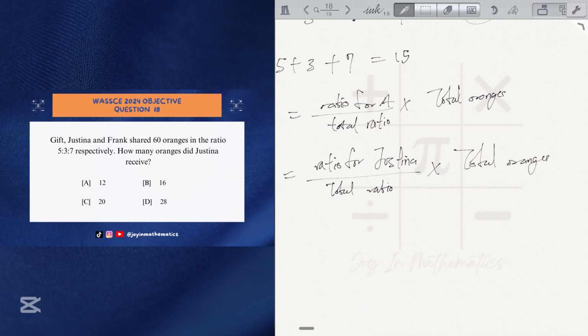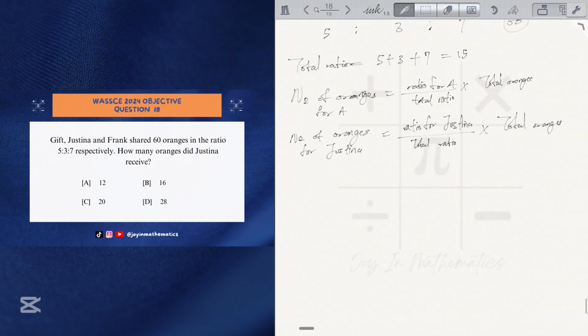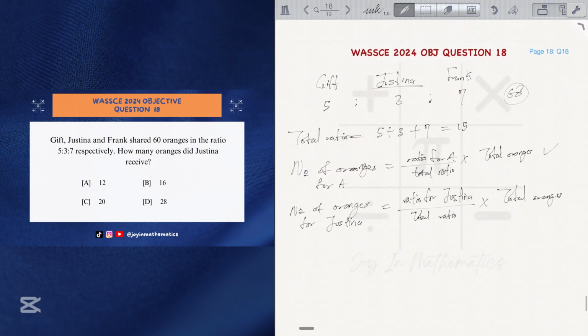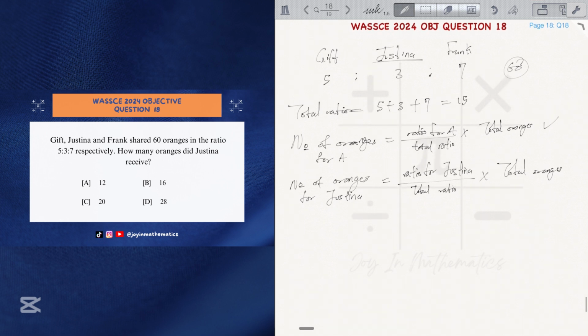So this formula itself is applicable for finding the number of oranges for Gift as well as the number of oranges for Frank. But the question focuses on Justina. So therefore we'll have the number of oranges received by Justina equal to the ratio of Justina divided by the total ratio multiplied by the total oranges.